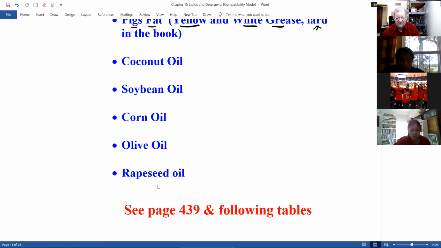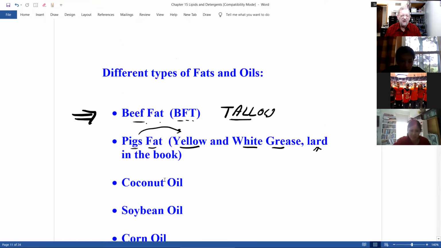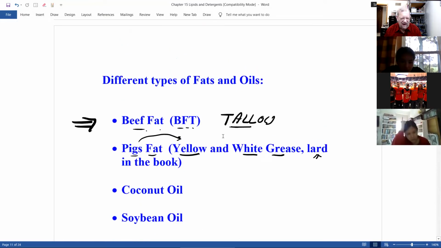How many of you have heard of canola oil? Everywhere in the world, it's called rapeseed oil, but in the US, it's called canola oil. And once they changed the name, because it was less expensive than other oils, housewives started buying it. Isn't that amazing? But you should know beef fat, tallow, pig's fat, yellow grease, white grease.